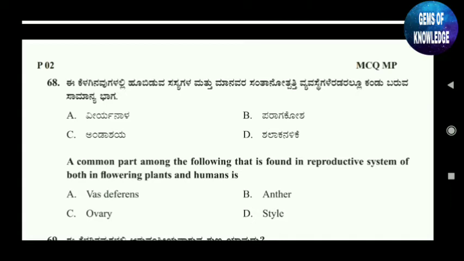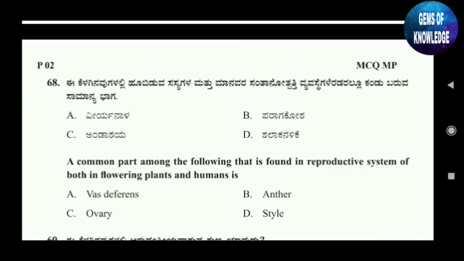Vas deferens is found only in the male reproductive part of human beings, not in flowering plants. Anther and style are found in flowering plants, but they don't exist in the human body. So the correct option here is ovary, which exists in both humans as well as flowering plants.